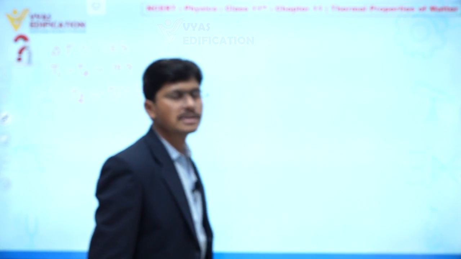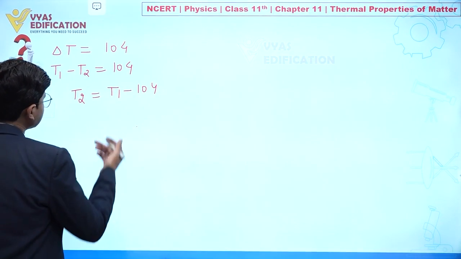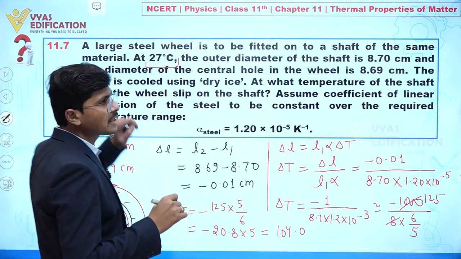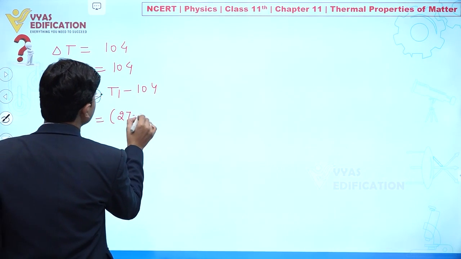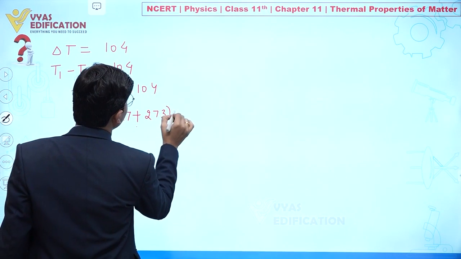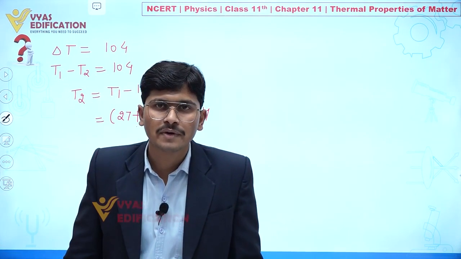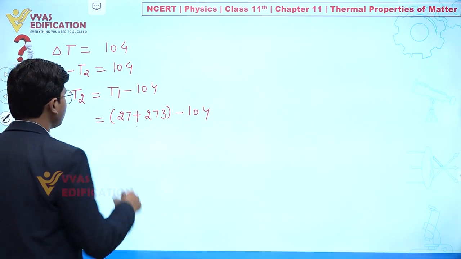Actually this 104 is a difference, so you can take it in degree Celsius or in Kelvin. But because the temperature is given as 27 degrees Celsius, we write 27 plus 273 minus 104. Actually we have to add 273.15, but for calculation we are taking only 273.